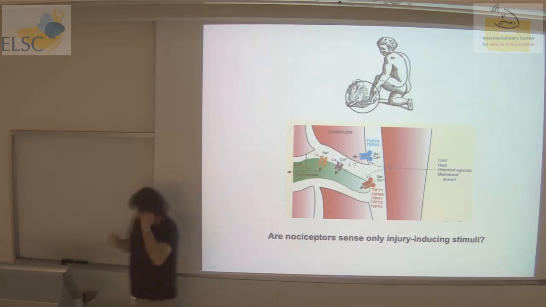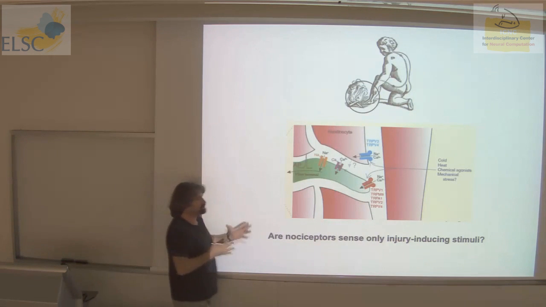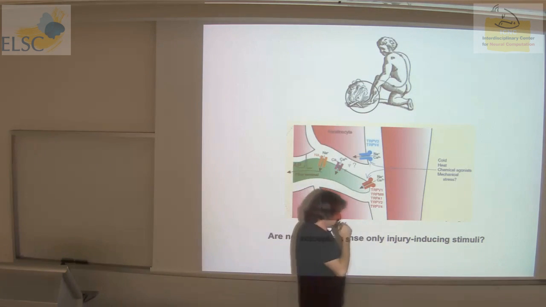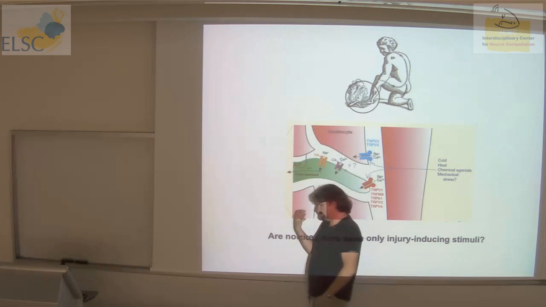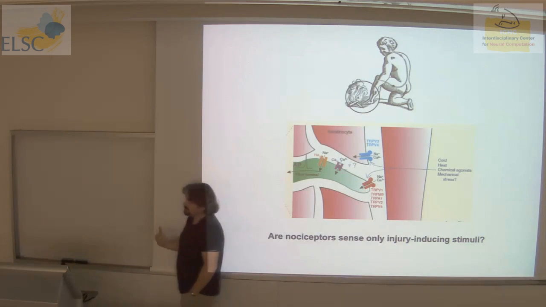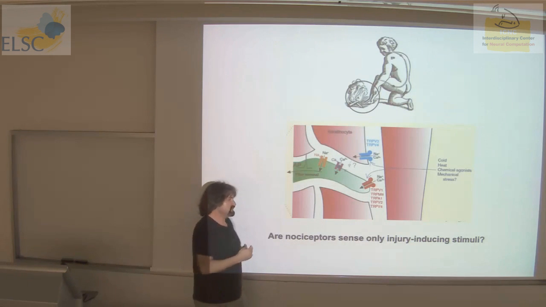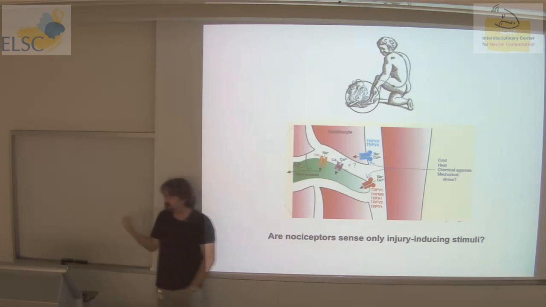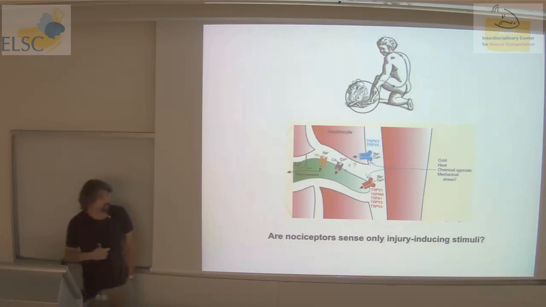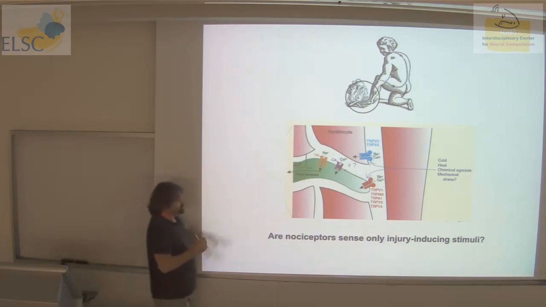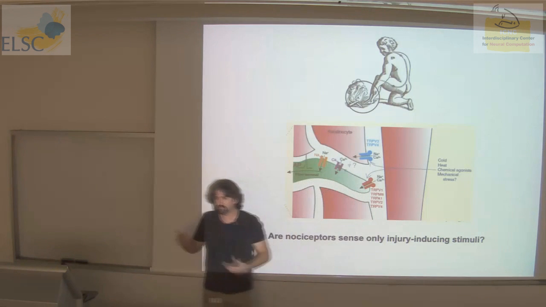Inflammation, which is part of tissue injury but could be a separate process, is described by the release of a variety of pro-inflammatory factors that we call inflammatory soup. Some of them are cytokines that are released by immune cells, some bradykinin, and many others. So we decided to check whether these factors, similar to cold, heat, or other factors, could activate nociceptors.